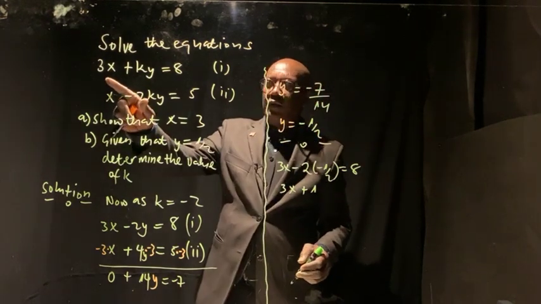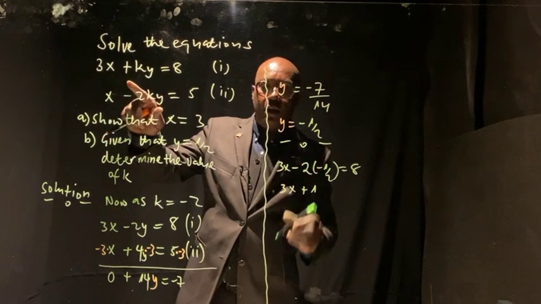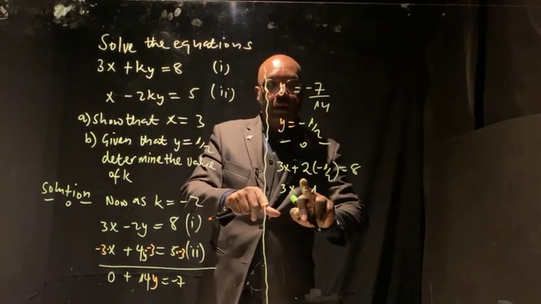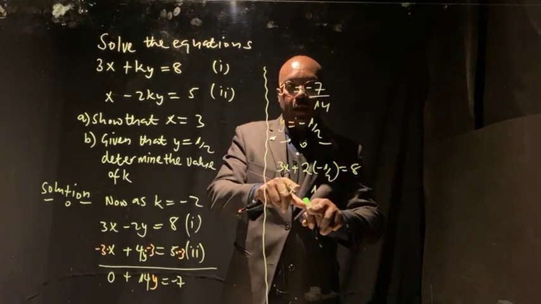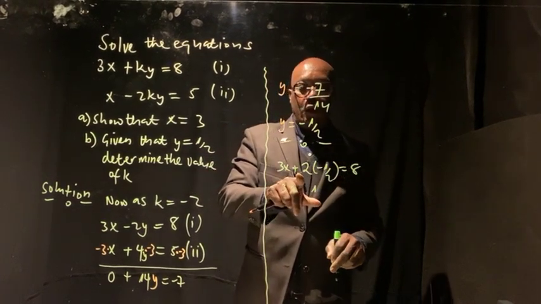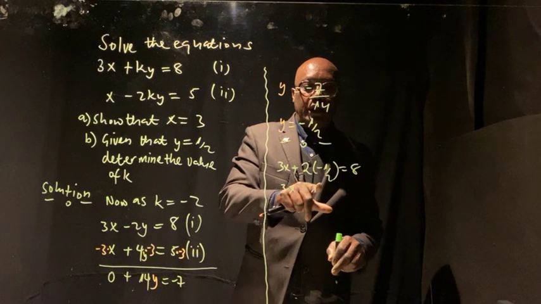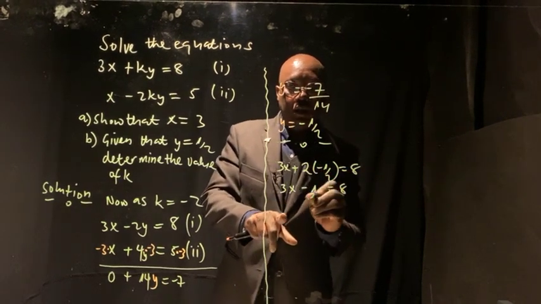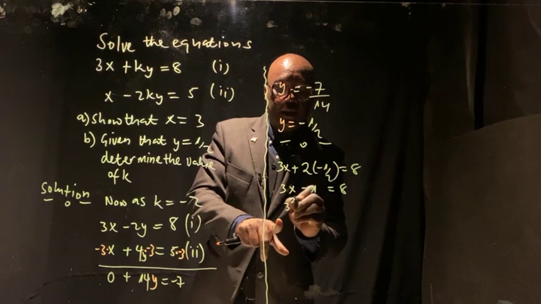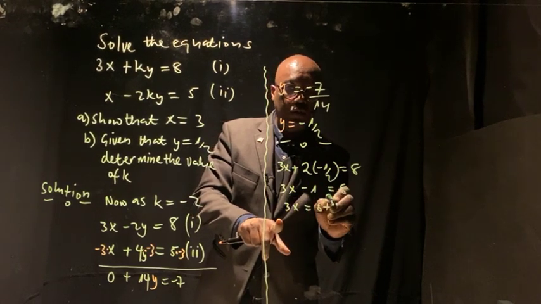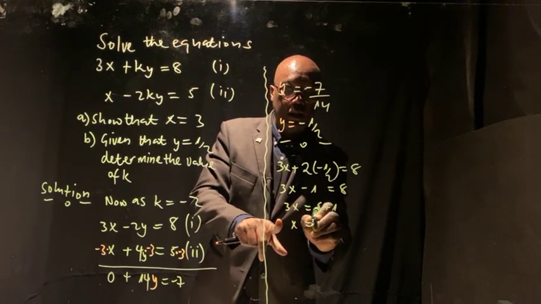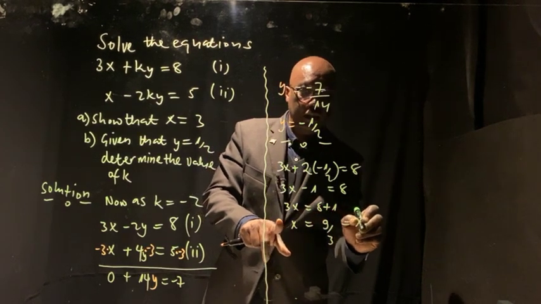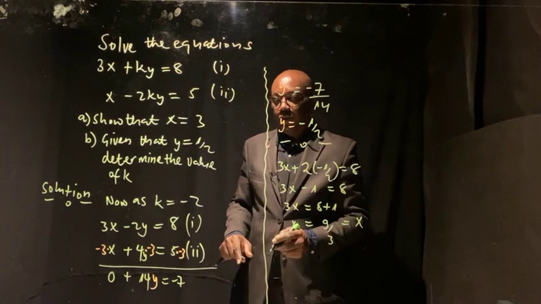We pick up from this equation. This should be positive. So 3x plus 2 multiplied by -half will be -1, equal 8, which implies 3x equal 8 plus 1, x equal 9 over 3, x equal 3, exactly as what we found.